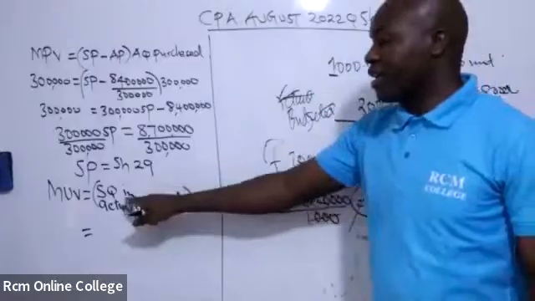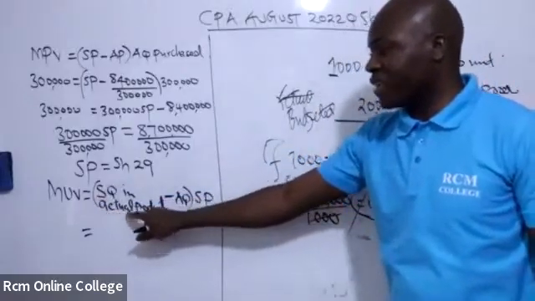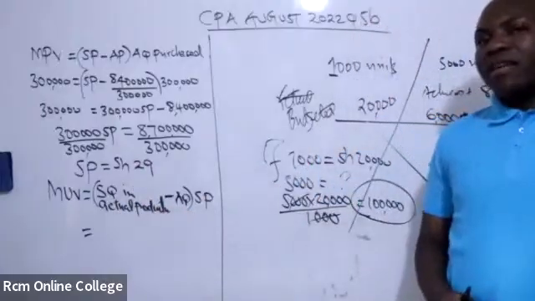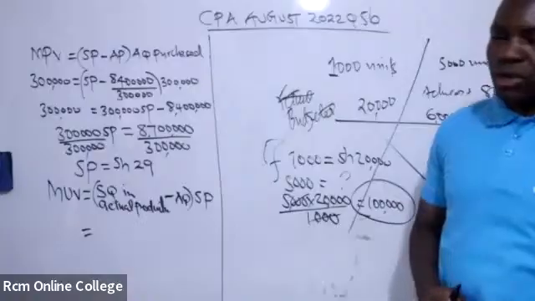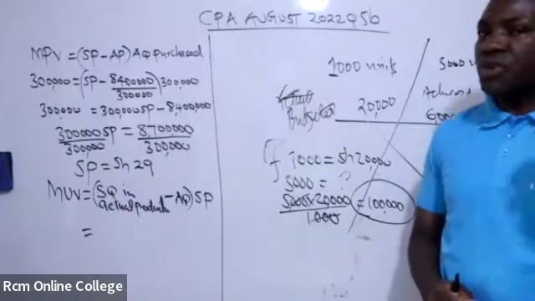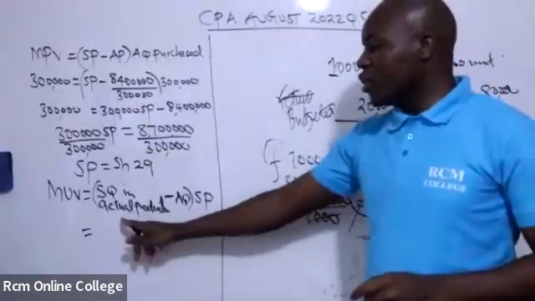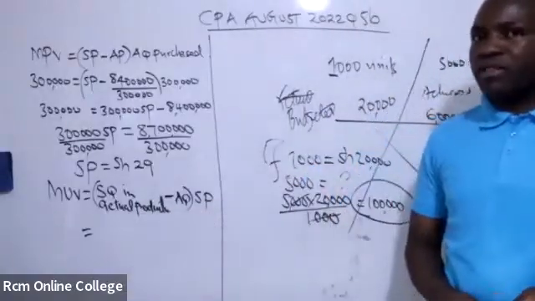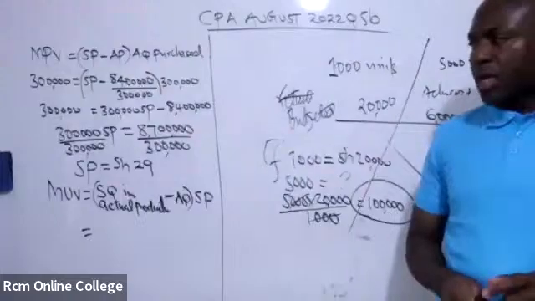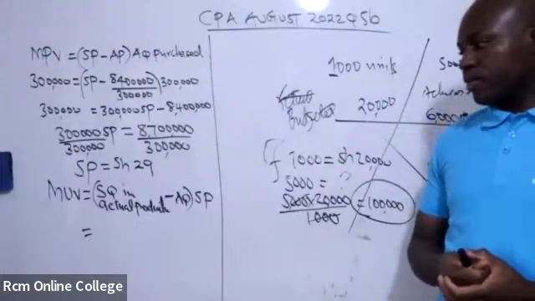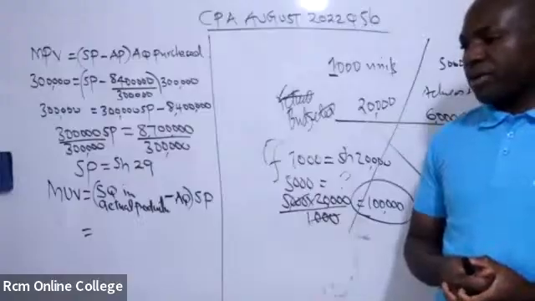That is what we are summarizing in this part of the bracket: standard quantity in actual production. So do we have standard quantity of raw material that was to be used? No. That is what we are looking for. What about actual units produced? Do we have that? Actual units of the finished product? If yes, how many units are there?